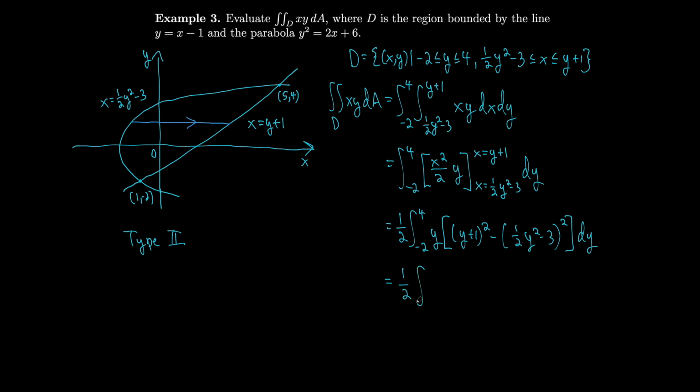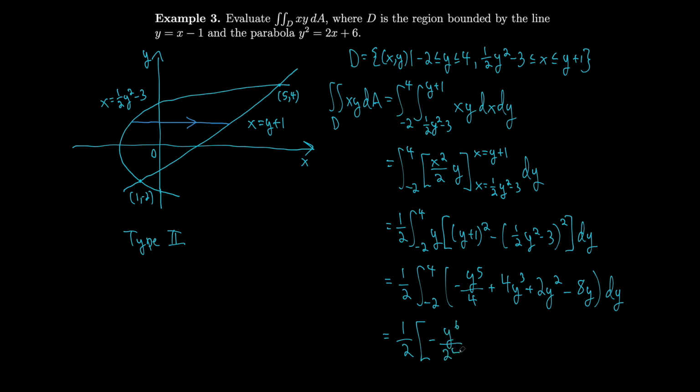We get half the integral from minus 2 to 4 of minus y to the 5th over 4 plus 4y cubed plus 2y squared minus 8y dy, and that is equal to half times minus y to the 6th over 24 plus y to the 4th plus 2y cubed over 3 minus 4y squared, evaluated from minus 2 to 4, which is just 36.